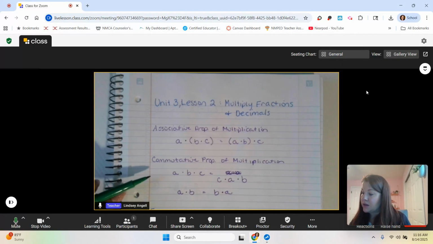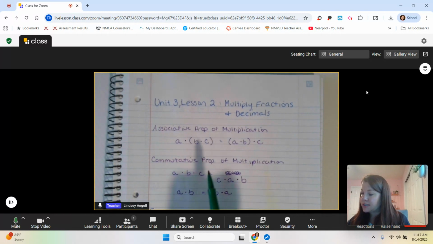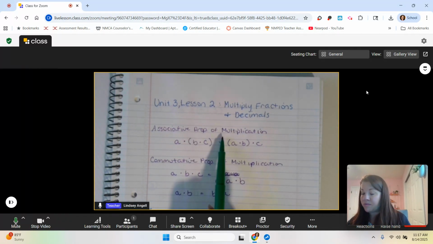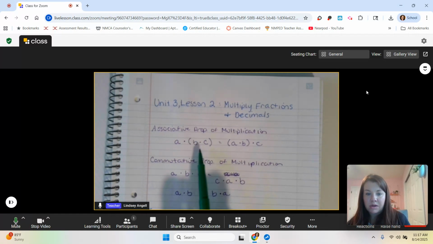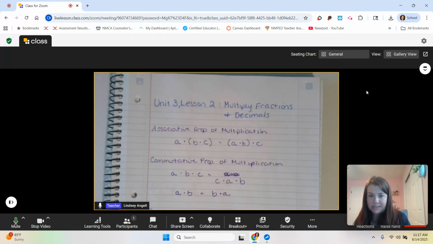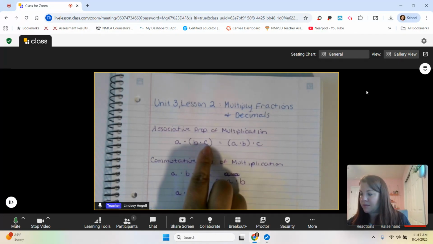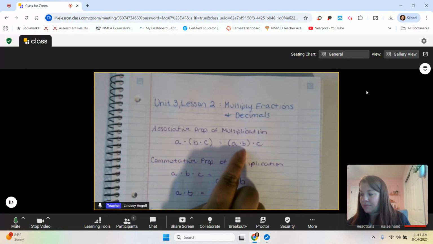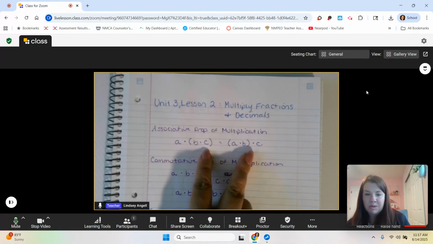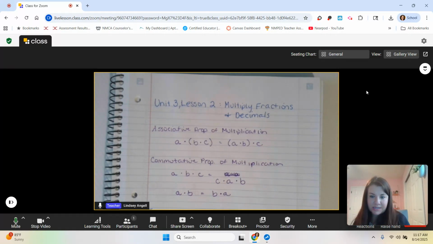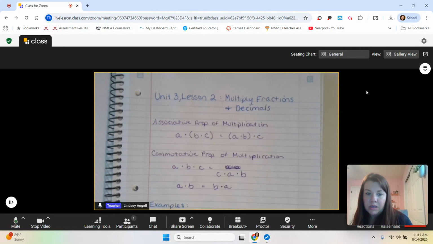I didn't go into great detail right here because you have this information in your lessons, but just as a quick review, associative property of multiplication means that you can group different sets of numbers, and if it's all multiplication, you still end up at the same answer. I can put the parentheses around B and C, or A and B, but eventually I'm still going to multiply by the other ones too, so I still get down to the same answer in the long run.